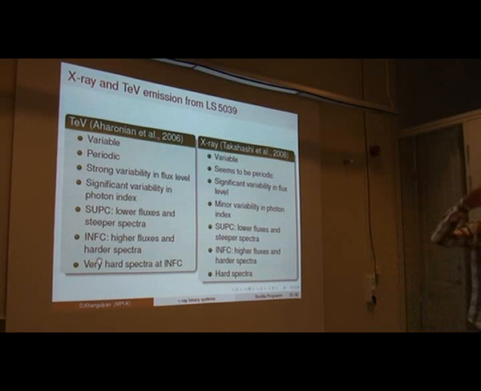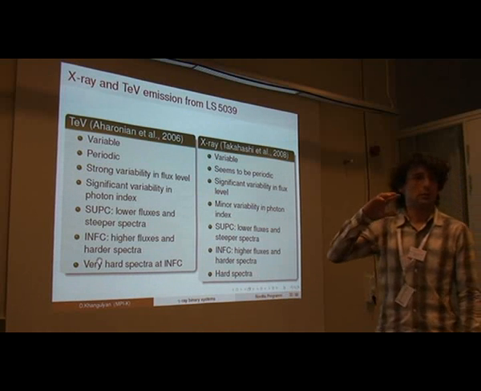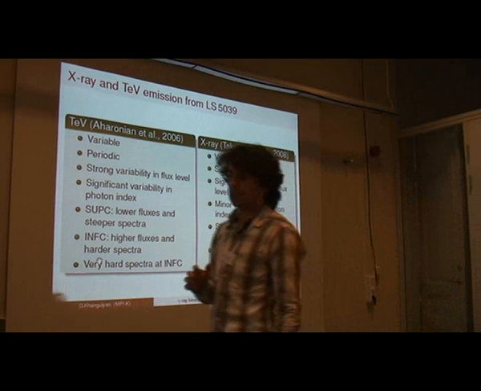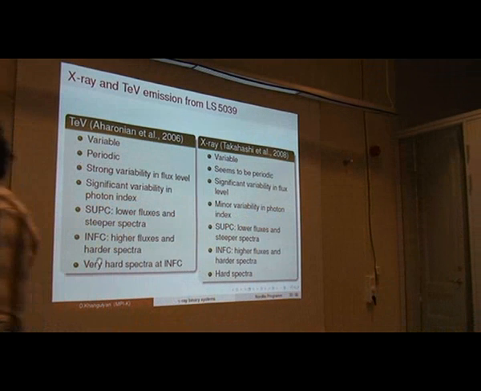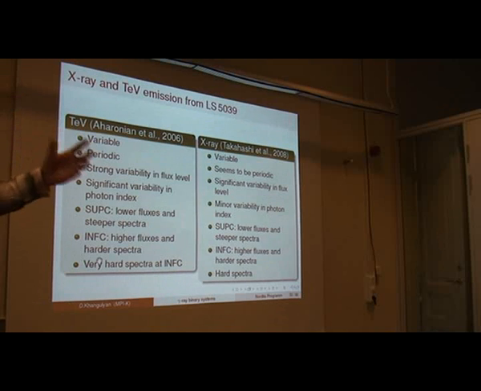There are some variations, but they're not consistent with a simple expectation that the object is behind the system, where we would get significantly higher column density. It's more or less the same. But it may be caused by a number of effects, for example, the hydrodynamics of interaction. I can show some transparency which may explain this later.